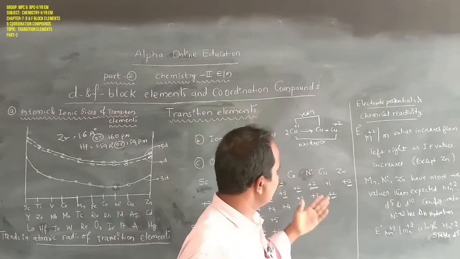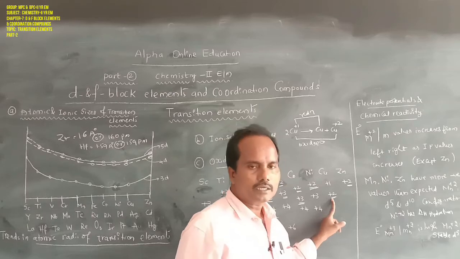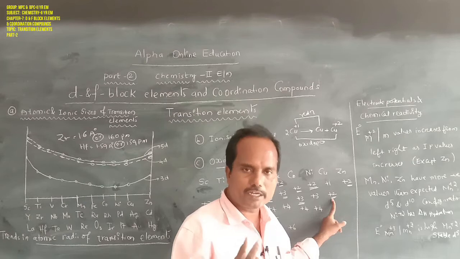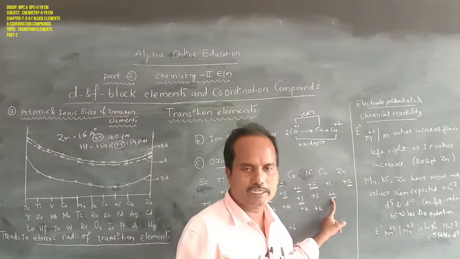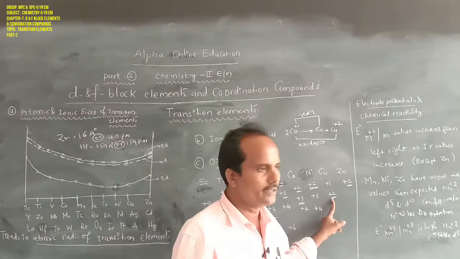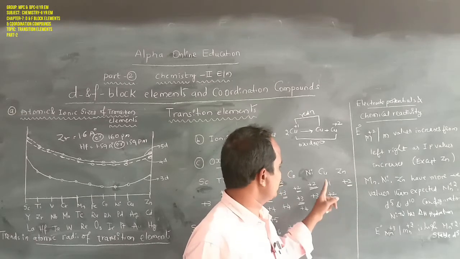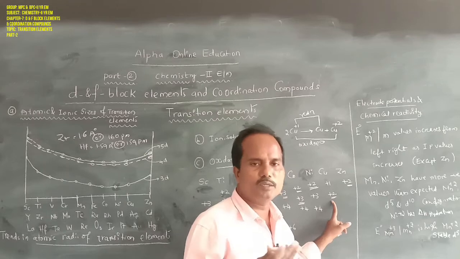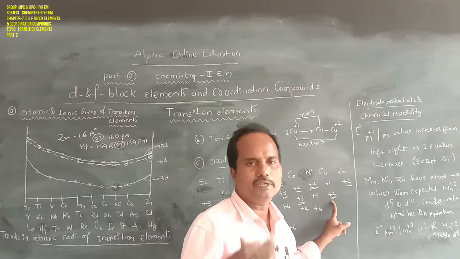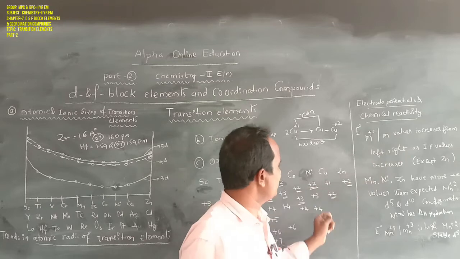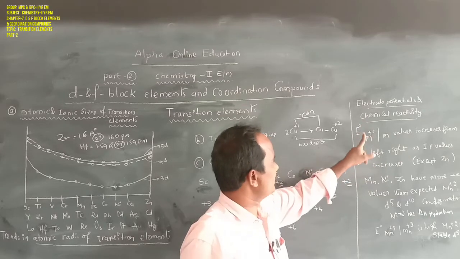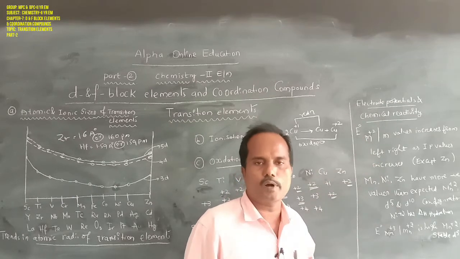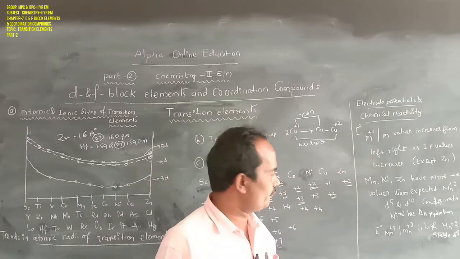Because of this, copper cannot liberate hydrogen gas from aqueous solutions of mineral acids. When copper is treated with HCl, it cannot liberate hydrogen gas from the HCl solution. The reason is its standard reduction potential value is positive, plus 0.34 volts.